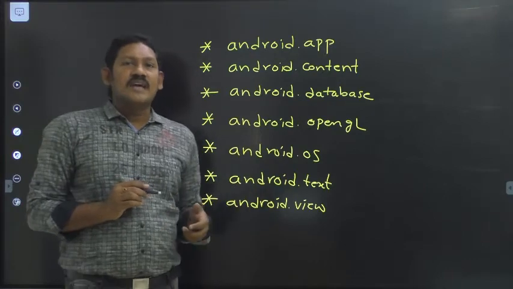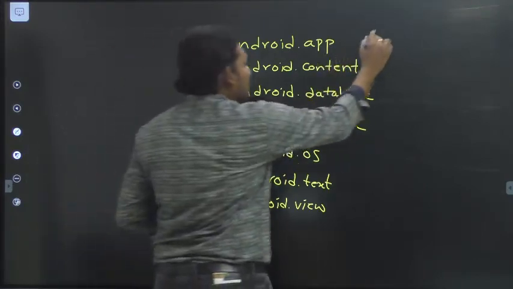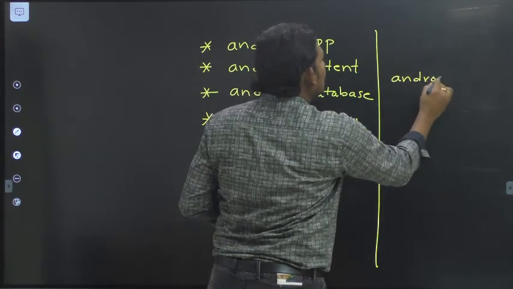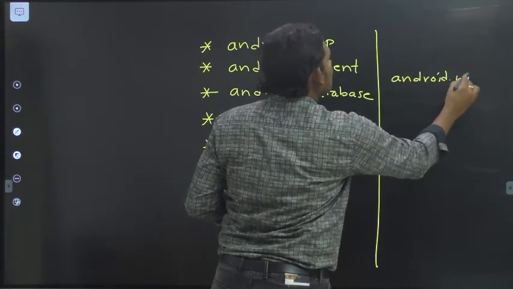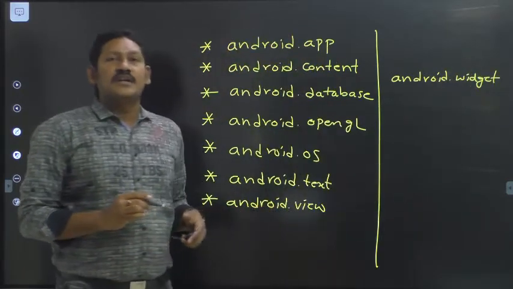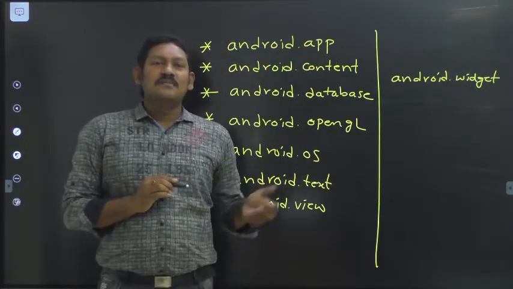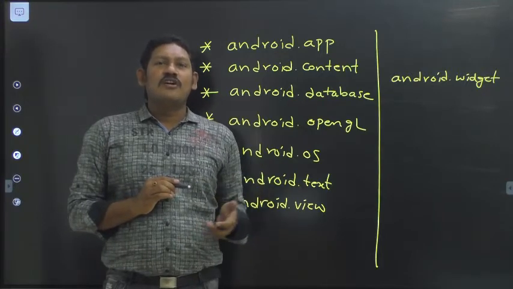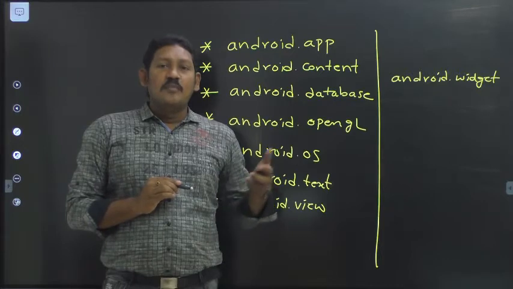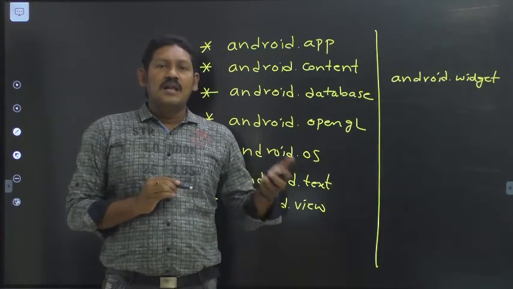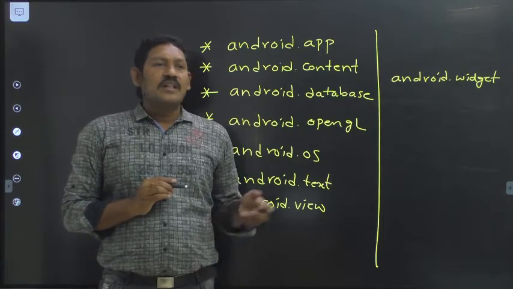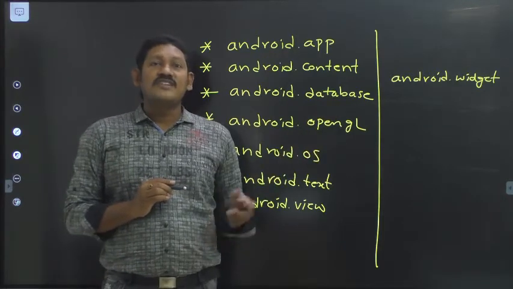Next one is Android.widget. It is a rich collection of pre-built user interface components such as buttons, labels, list views, layout managers, radio buttons, etc. All these constitute the Android widget.